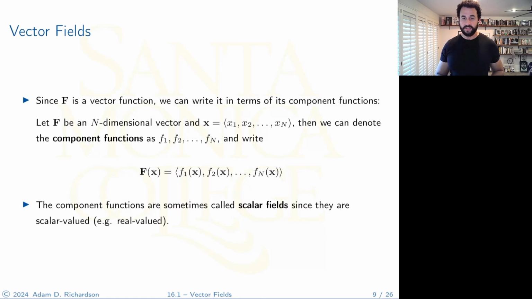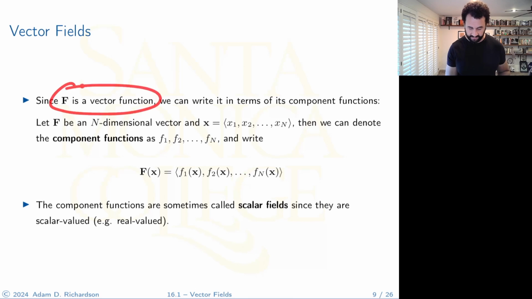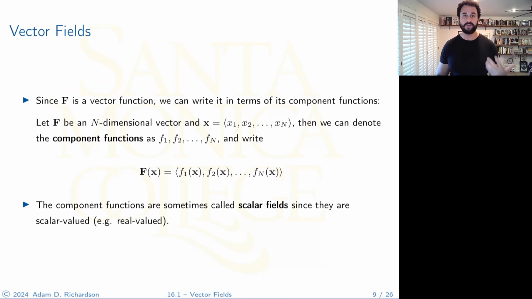So just to reiterate a little bit and draw a connection to what are called scalar fields, think about it like this. Because F is a vector function, you can write it in terms of its component functions, right? So vectors, you have all these components. We can talk about the component functions, and explore those component functions individually. So let's say F is an n-dimensional vector, and we're going to let x be this position vector.